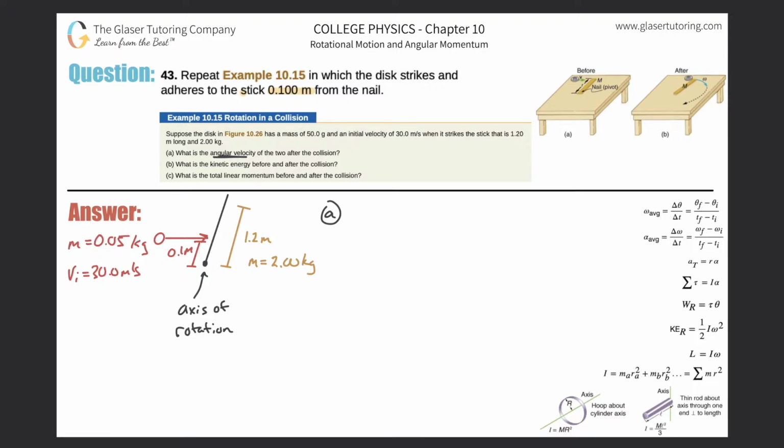So how we can simplify this is I'm going to use the conservation of angular momentum, and I'm going to say that the initial angular momentum equals the final angular momentum. And now you're going to say, well, wait a minute, initial angular momentum? Initially, before the puck or the disc makes contact with the rod, nothing's rotating.